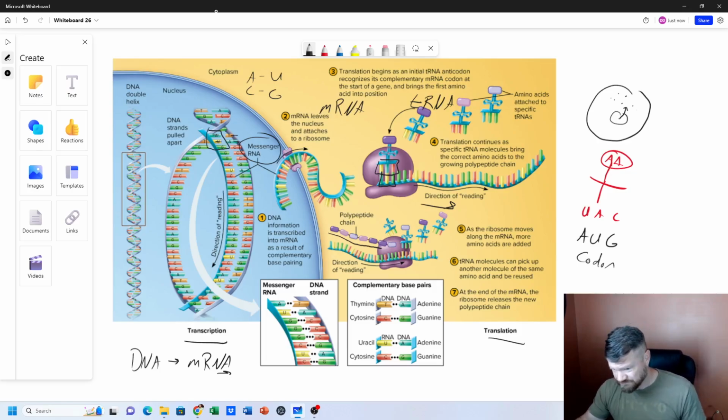Sometimes we call that the central dogma of molecular biology. So from DNA to RNA, some say to protein, but oftentimes I'll just say to amino acids. So DNA to RNA to proteins, or DNA to RNA to amino acids.